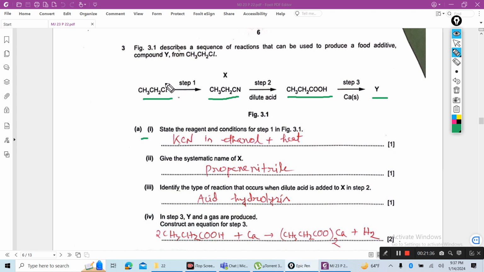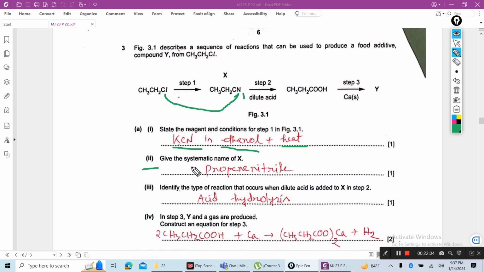Step 1, haloalkane to cyanoalkane, CN. In place of chlorine, product is cyanide. So reagent, potassium cyanide in ethanol and heat. Reagent and conditions: reagent potassium cyanide, condition in ethanol and heat.